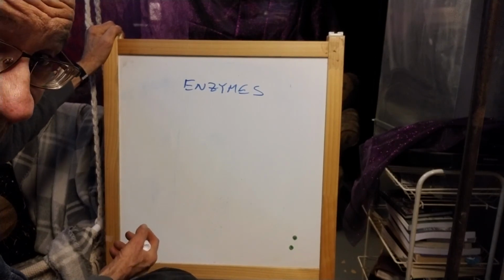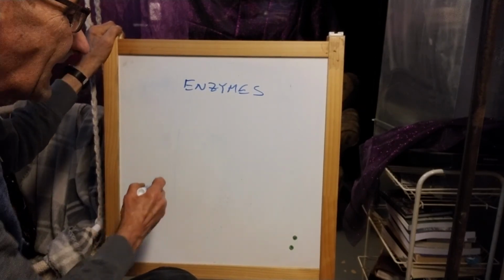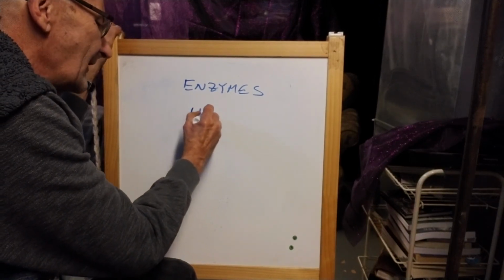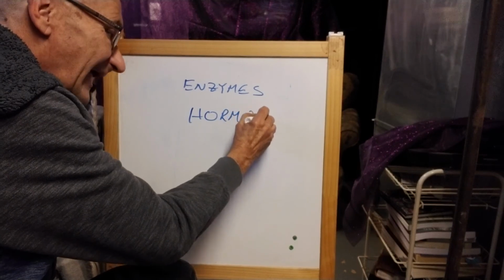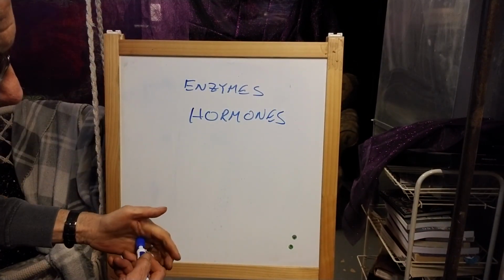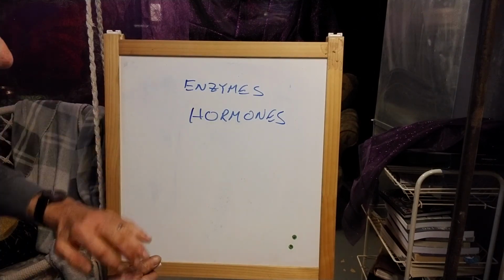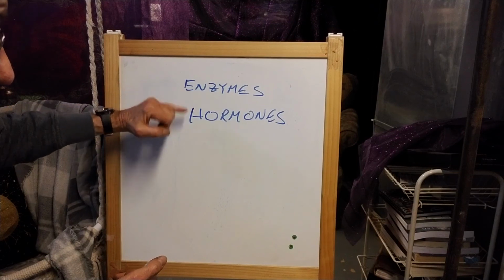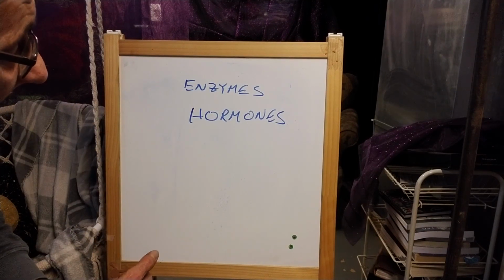Can you tell me what enzymes really do? Well, you'll find out. And hormones, and other things too, and hormones, which are related, but not really. They're different chemical classes, so to speak. They're not one and the same, but there's some interlink between them. Which we will find out.